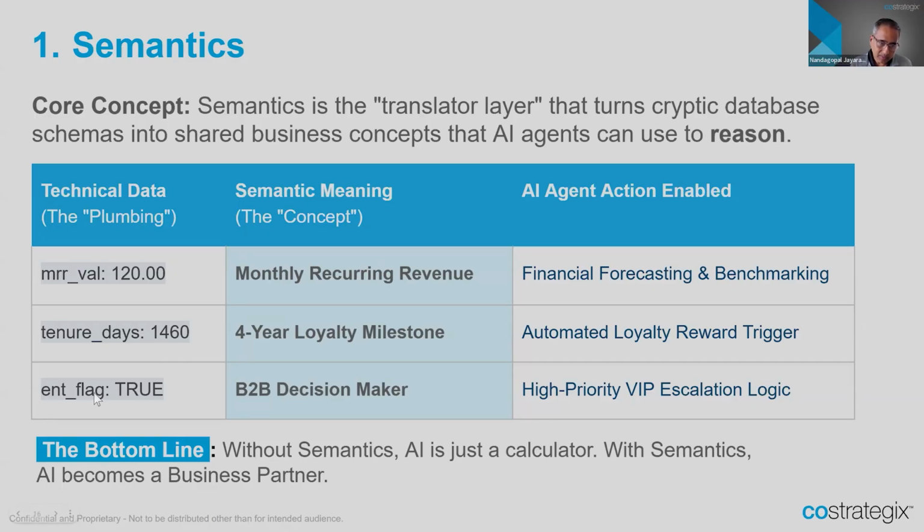Enterprise flag equal to true may not make sense to humans unless you're a developer or a data engineer. But it's really a B2B decision maker. That's what it means, right? And so that enables these agentic actions, financial forecasting, benchmarking, high priority VIP escalation, those type of things. Semantics bring meaning, right?